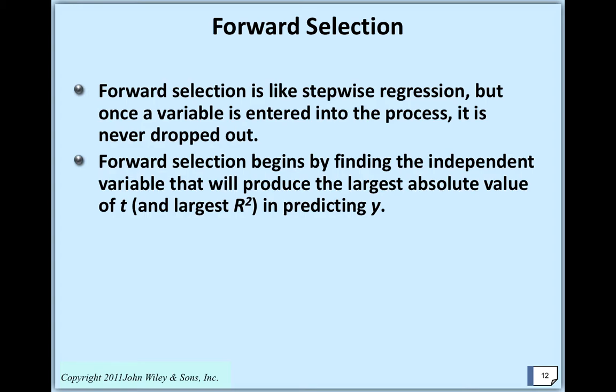And then if you get to like the third or the fourth, and all of a sudden it's significant, but it kicks out the significance of a previous variable, it doesn't matter. You leave it in, add in the new one, and keep going. So you could end up with non-significant variables using forward selection. It's just how it happens.